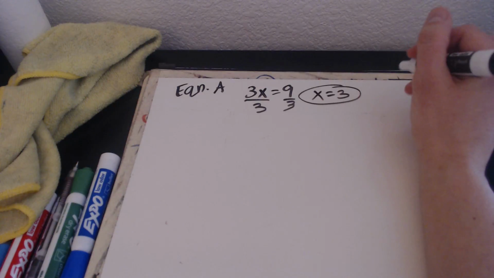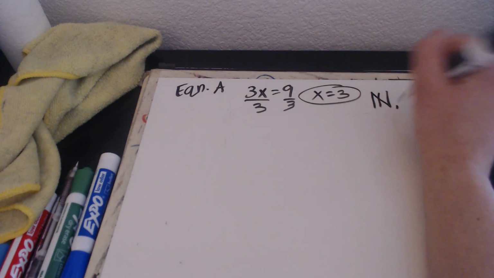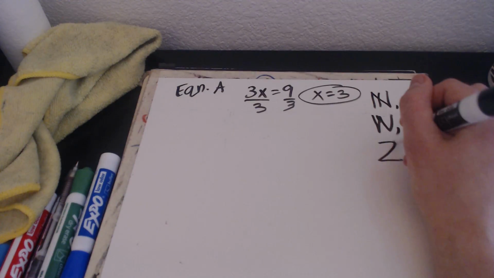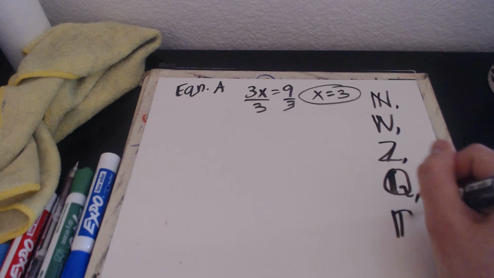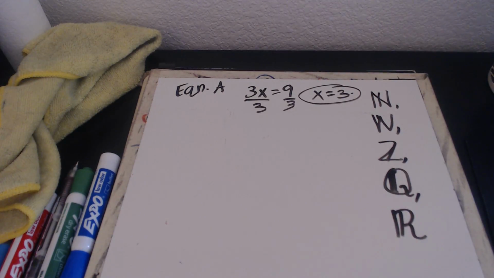Could I use the set of natural numbers as the answers for that problem? And the answer is yes. 3 is a natural number. 3 is also a whole number. 3 is also an integer. 3 is also a rational number, and 3 is also a real number. So this answer belongs to all of those sets of numbers.